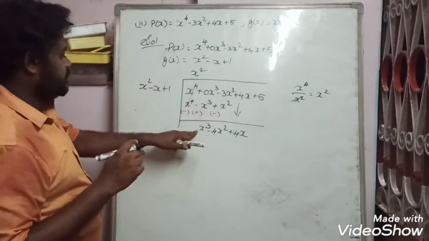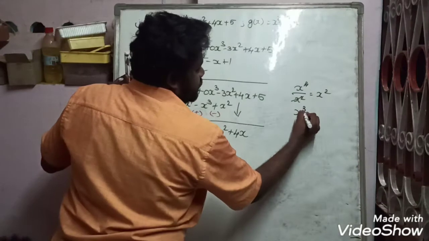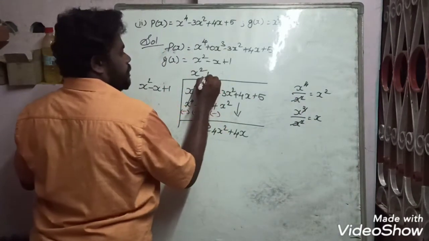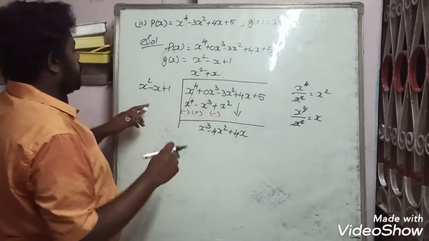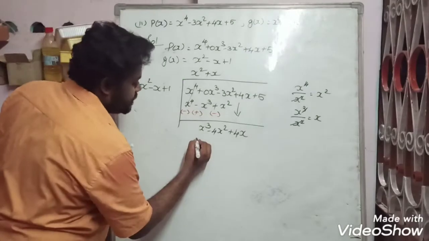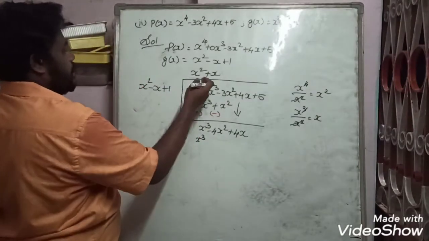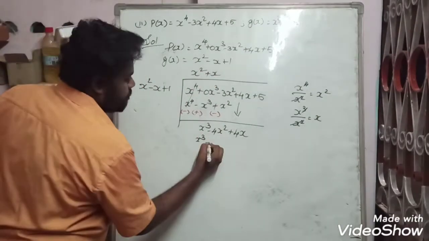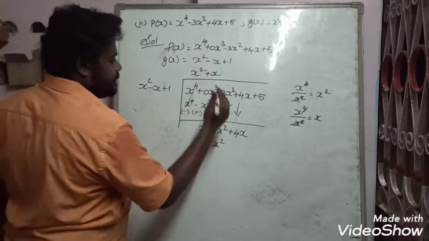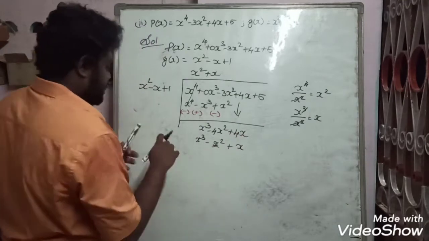Now we compare the first term. x cube divided by x square, we get x. So x square into x, 2 plus 1, 3. So x power 3. And then minus into plus, minus x square, plus into plus, plus x.